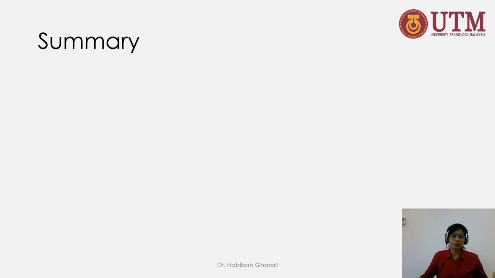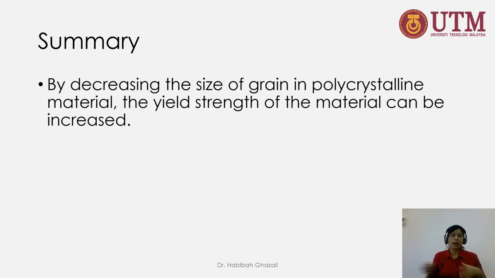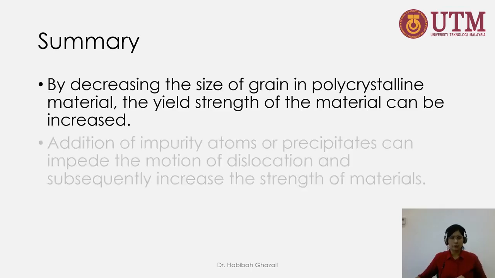In summary, through this lecture, we have learned the four various mechanisms involved in strengthening the material. We can use different mechanisms to strengthen materials by impeding the dislocation motion. By decreasing the size of grain in polycrystalline material, the yield strength of the material can be increased. By introducing a lot more grain boundary, we can increase the strength of materials.